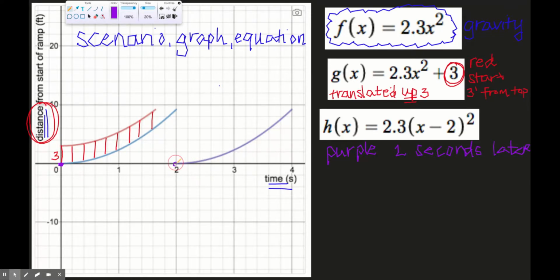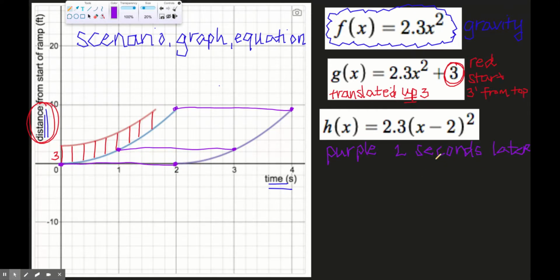The purple ball starts its descent at 2, so at 2 it hasn't really moved yet. One second later, the blue ball is here, and the purple ball reaches that distance at 3 seconds. The blue ball gets to the bottom of the ramp after 2 seconds, and the purple ball reaches that after 4 seconds. The distance horizontally between these two graphs is always 2.